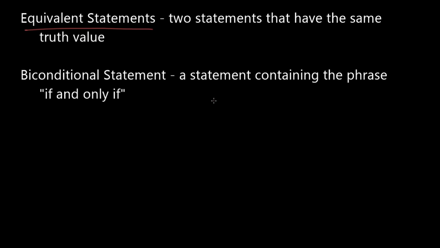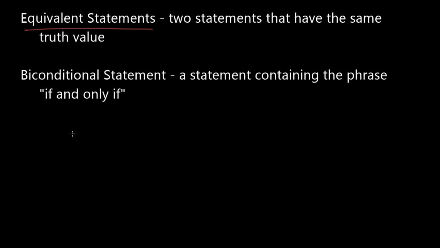So in this case, going back to my previous example, if it is raining, then there are clouds, and the contrapositive of that, if there are no clouds, then it's not raining, would be equivalent statements. They have the same truth value. They're both true at the same time. If I have two statements that are both false at the same time, they would also have the same truth value and thus be equivalent statements.